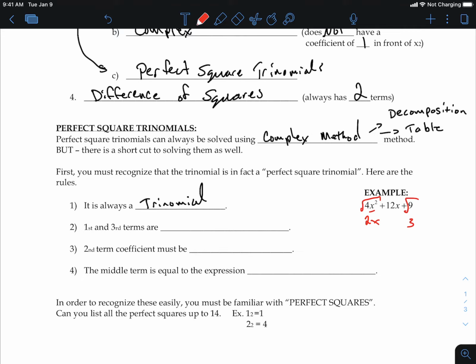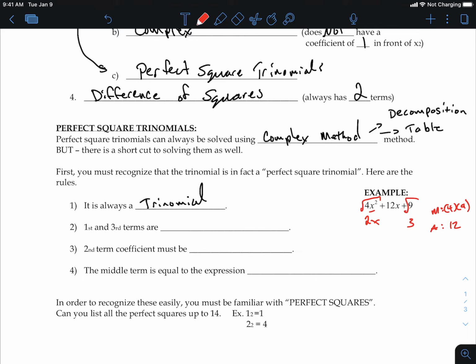It also works for you to say, I'm going to find two numbers that multiply to 4 times 9 and add to 12. That also works. You will see that this perfect square trinomial method is faster if you can recognize it.